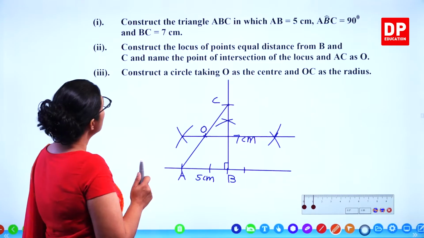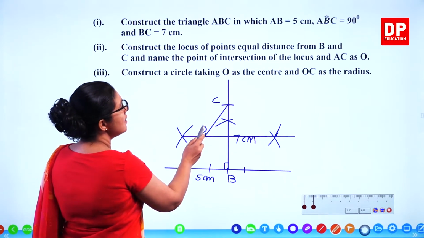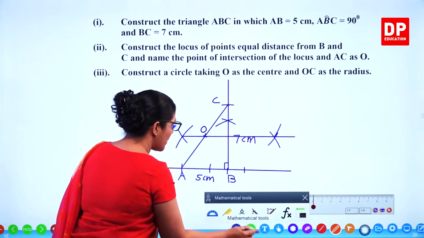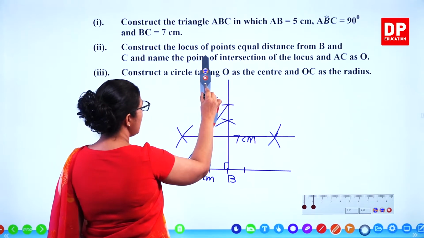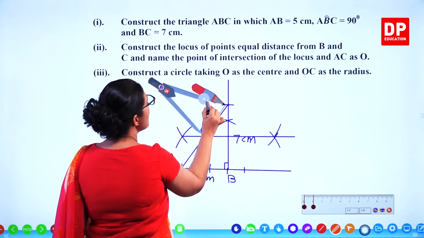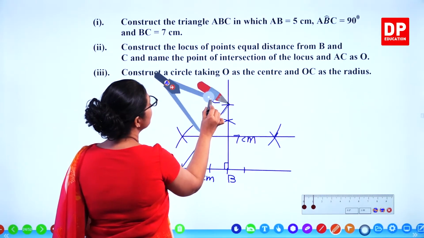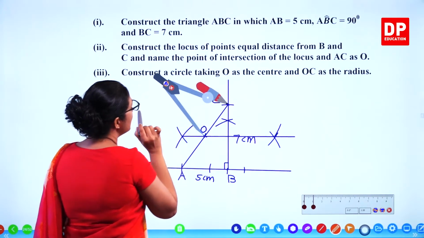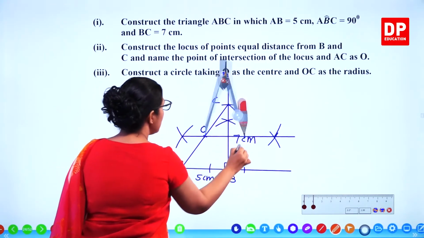Now we have to construct a circle taking O as the center and OC as the radius. So we need the compass again. So taking O as the center and OC as the radius, we'll draw the circle.